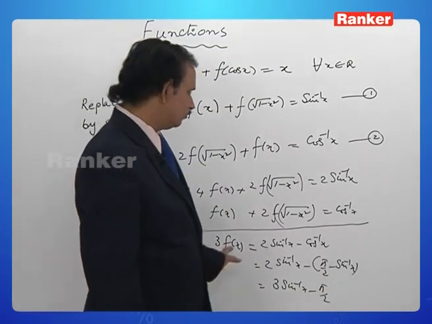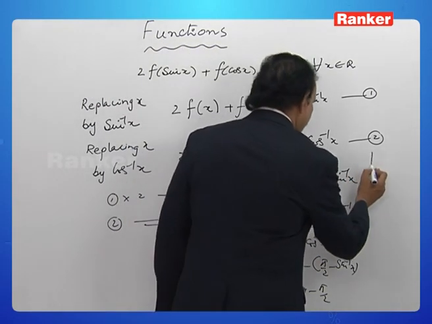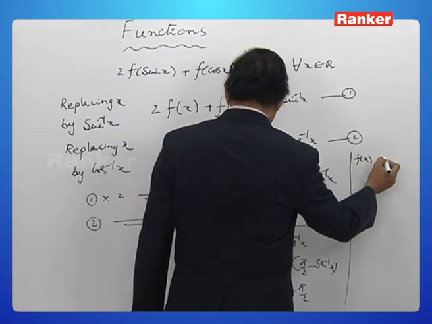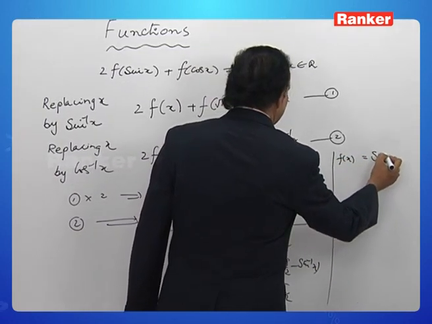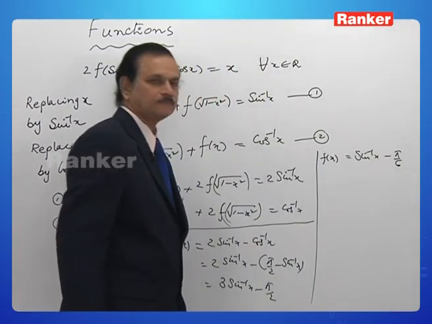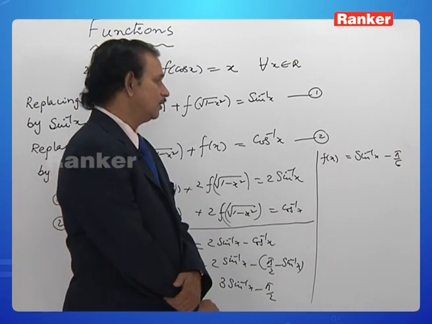We are happy. We are able to get 3 into f of x, and hence f of x can directly be estimated as sin inverse x minus pi by 6.